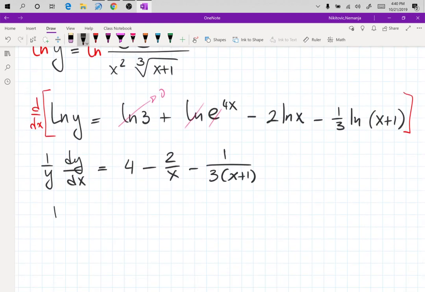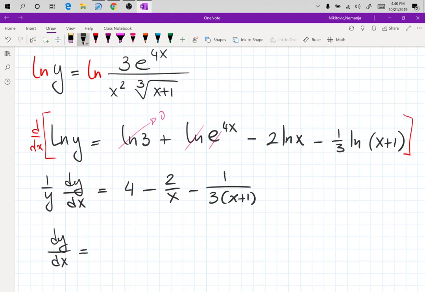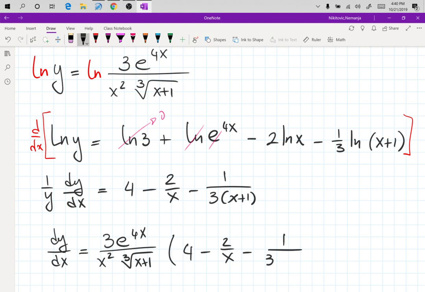So now dy dx is equal to our original problem, which is 3e to the 4x divided by x squared cube root of x plus 1. That's our y. That has to go to the right. And now 4 minus 2 over x minus 1 over 3 times x plus 1.